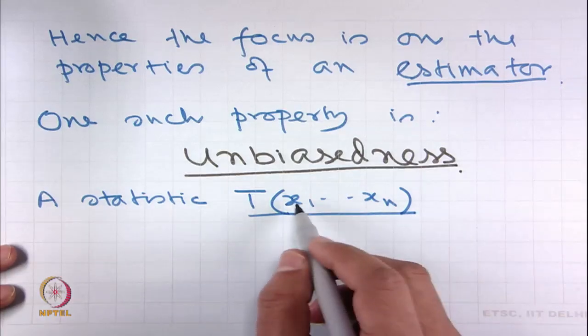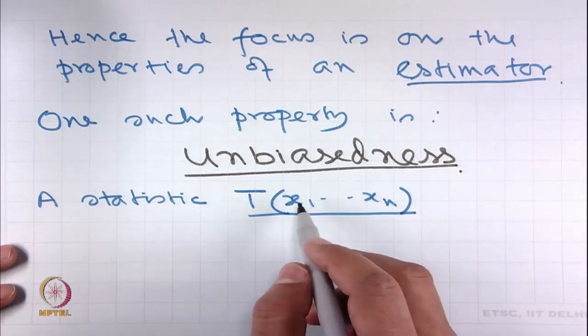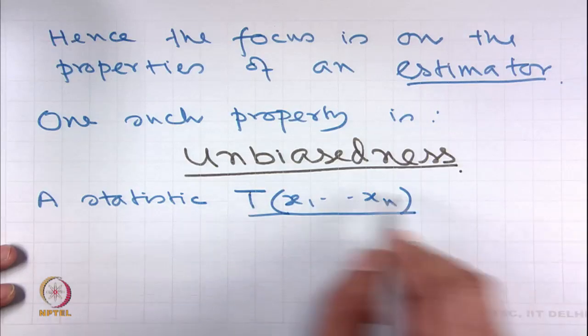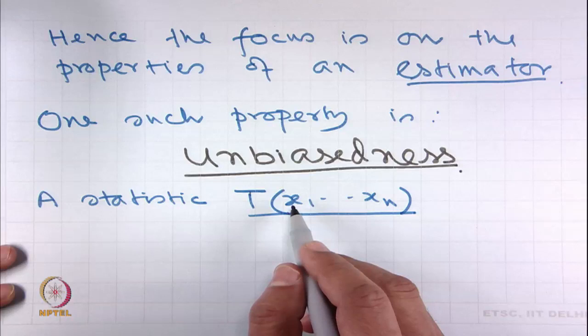It means that I have taken the samples x 1, x 2, x n, and T is the function that is defined on the sample.